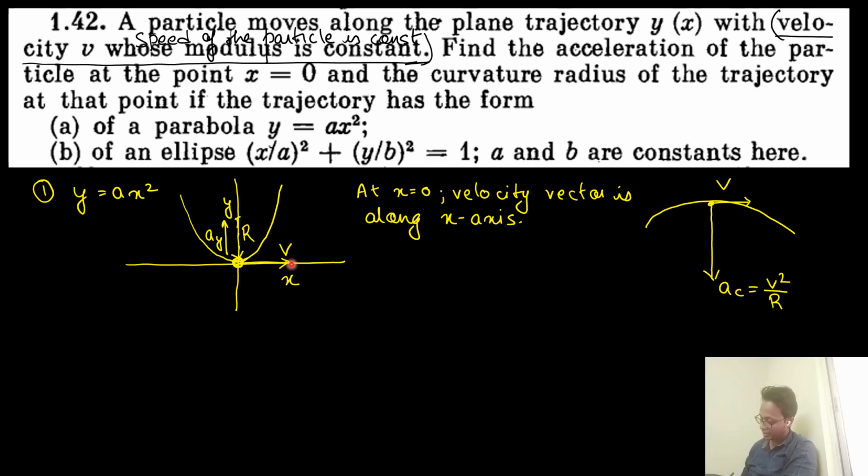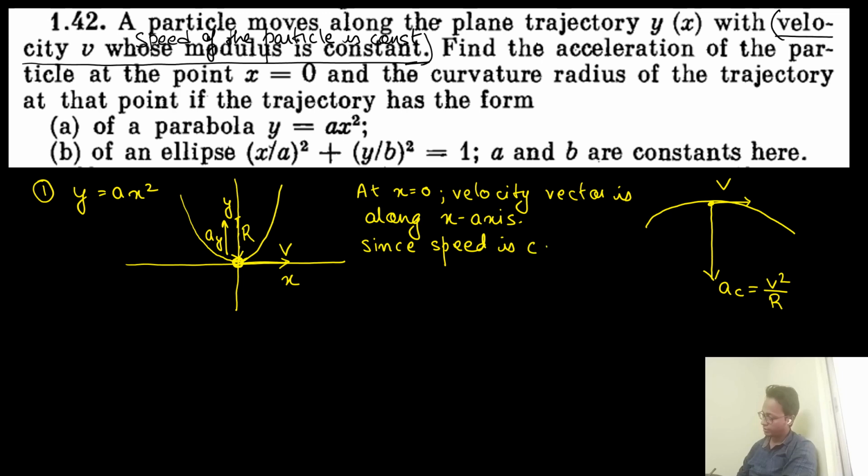So therefore tangential acceleration would be equal to 0. Therefore, since speed is constant, we haven't arrived at the problem solving, I'm just giving you the approach.